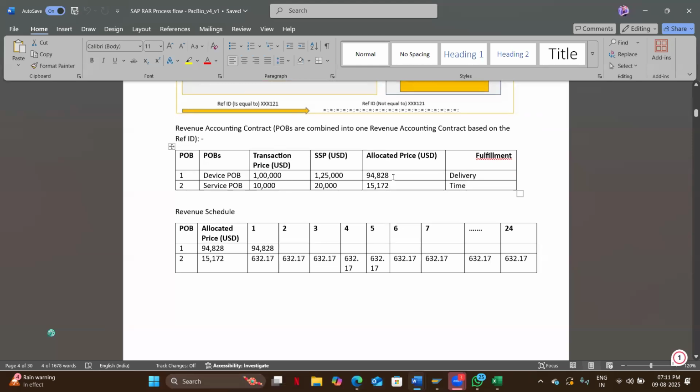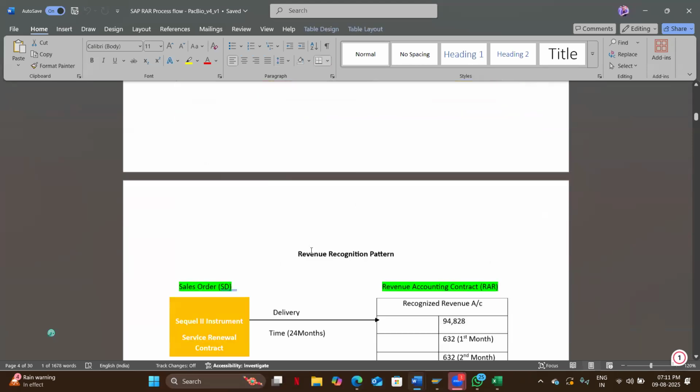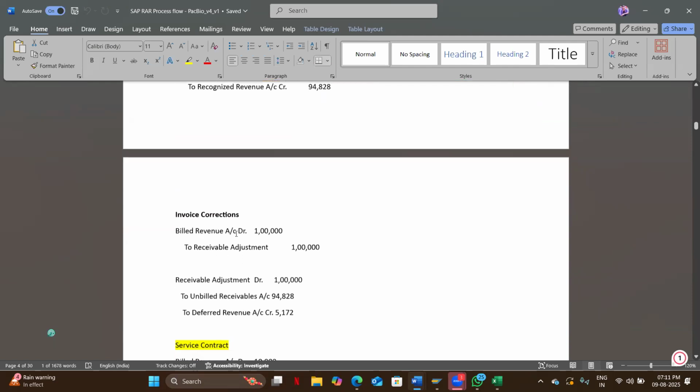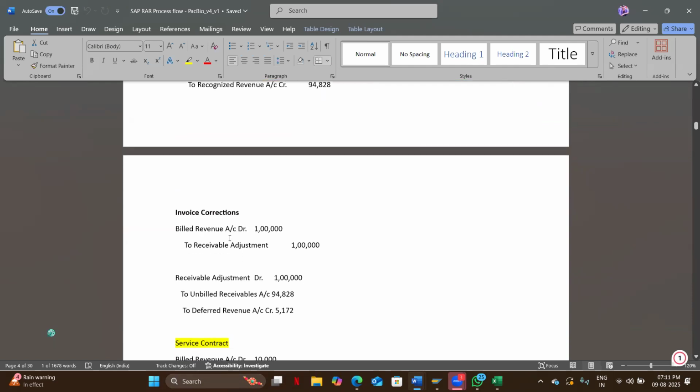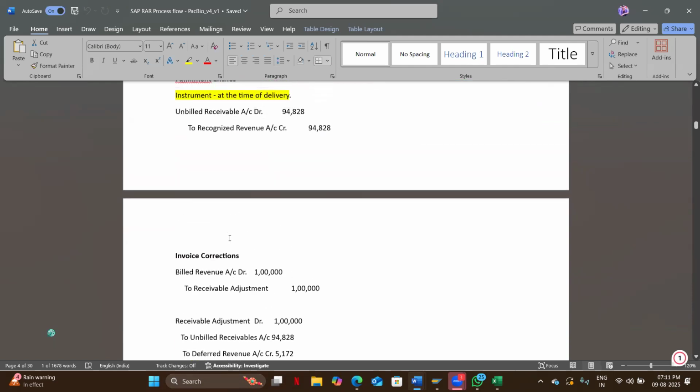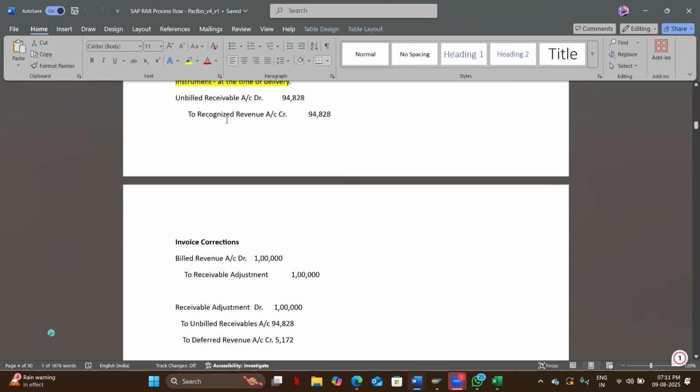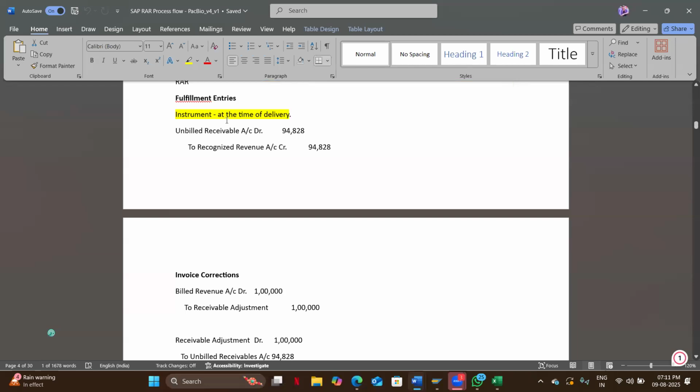Here you can see our allocation is 94,828, which is the full amount that went from unbilled revenue to recognized revenue. That is for the instrument and also for the service. If the invoice comes for the instrument, first we discuss it, after that we'll see the service. Fine.